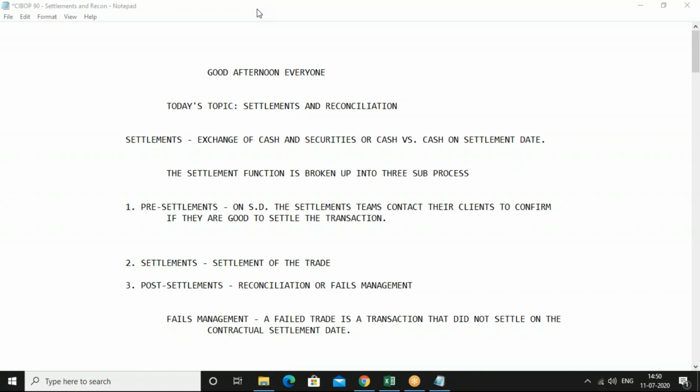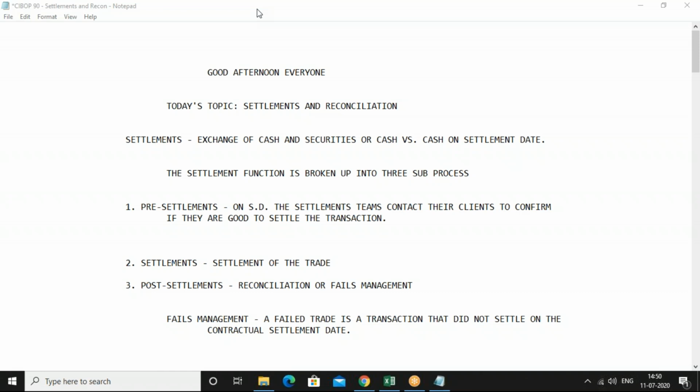You look at all the exceptions. You are the one who looks at the stuff that has broken down and needs to fix it. On settlement date, the transaction settles. On T+3, you reconcile whether it has happened or not. Those that don't happen are what we call failed trades. Why do they fail?